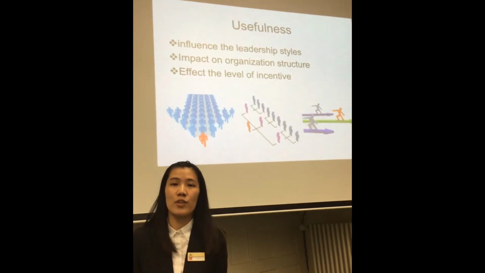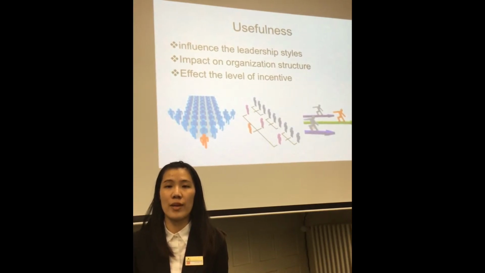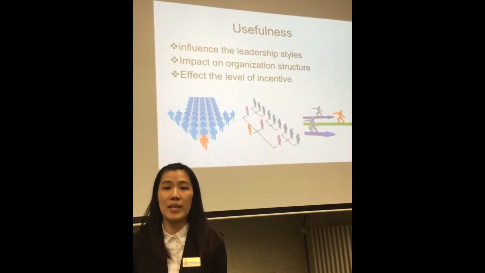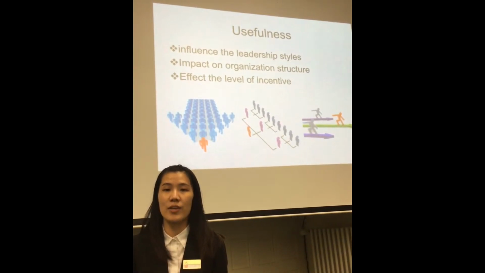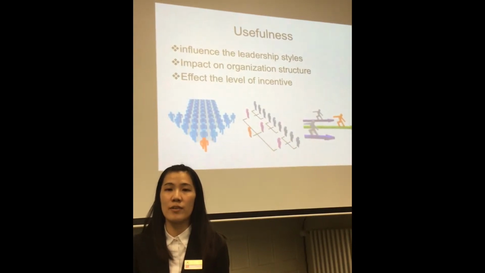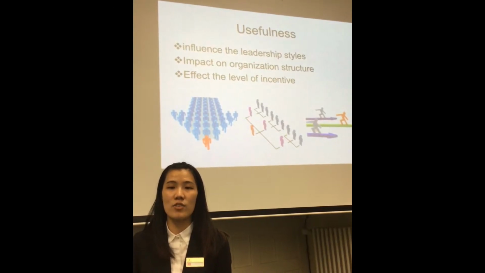When it comes to its usefulness in the hospitality industry, the Hofstede theory influenced the leadership style in hospitality management. The biggest reason is the impact on business leadership style of individualism and collectivism and power distance, and its impact on organization structure.